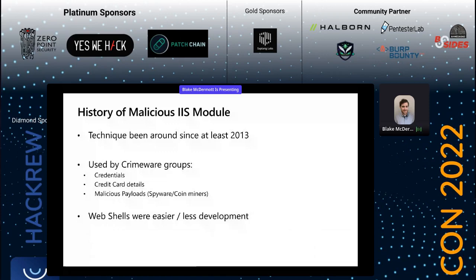This technique is still possible. A friend of mine actually got hit by this technique a couple of weeks ago. The IIS module is post-SSL decryption, so it's very easy to get clear text PII, but they weren't very common. Web shells were just a lot less effort and easier to install.